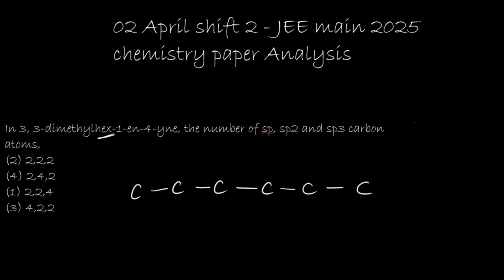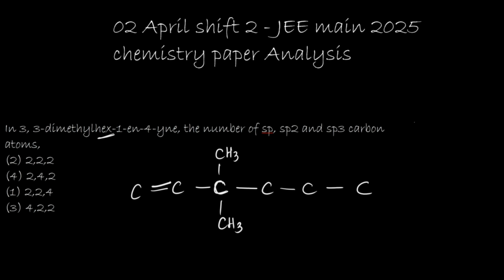Then 3,3 dimethyl, so from here I'm taking that as the third position, so dimethyl, cool. And then 1-ene. Since I have taken this carbon as the third carbon, that becomes 1-ene 4-yne.